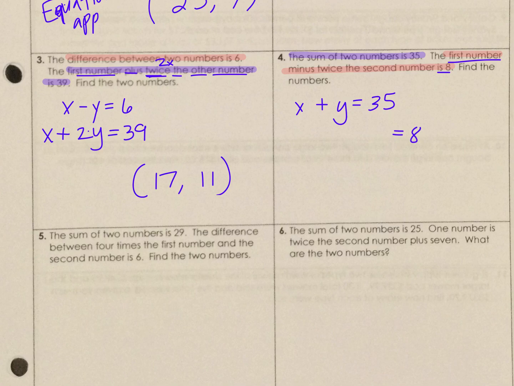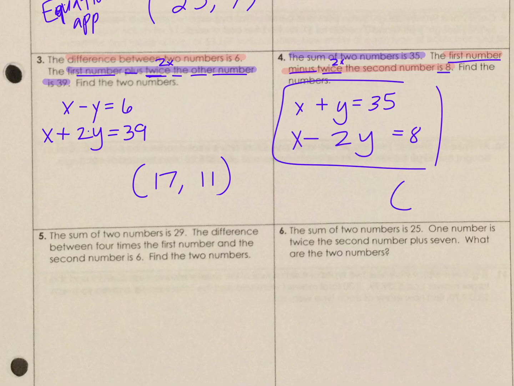The first number, that's our x, minus twice, we know that's 2 times the second number, so 2y equals 8, okay? So I want you to type this in your calculator and tell me the coordinate.